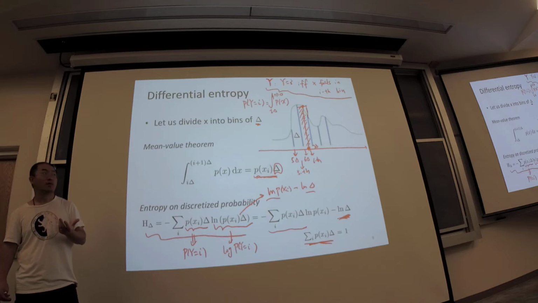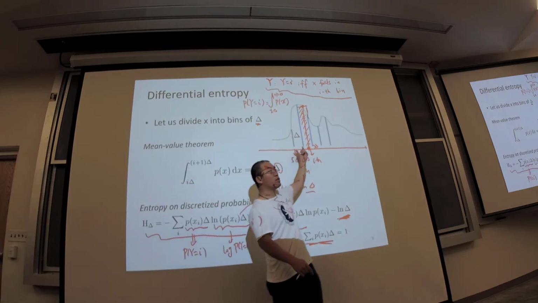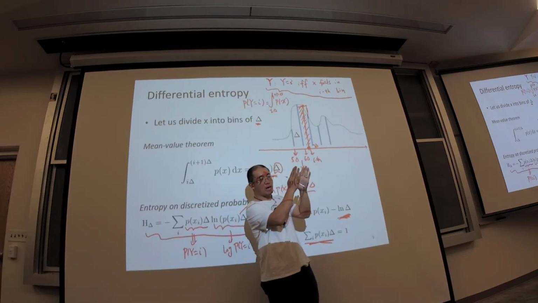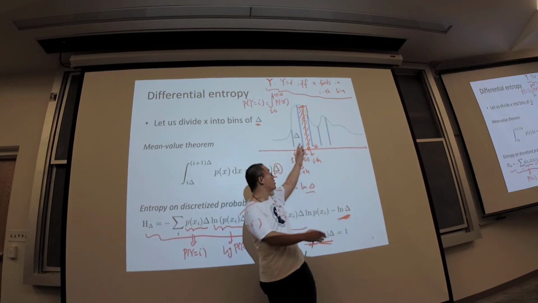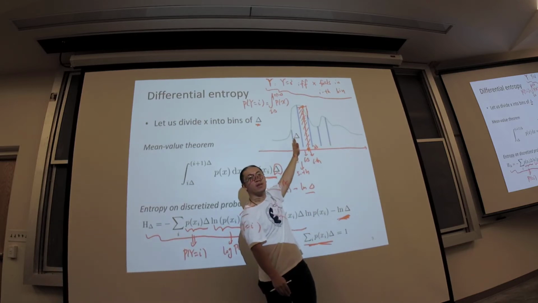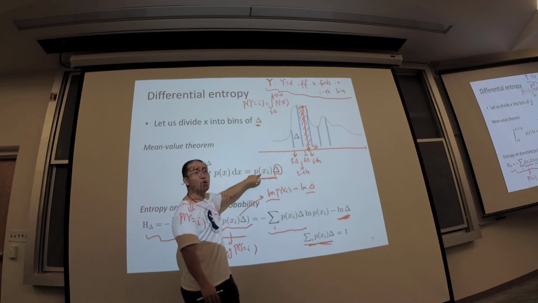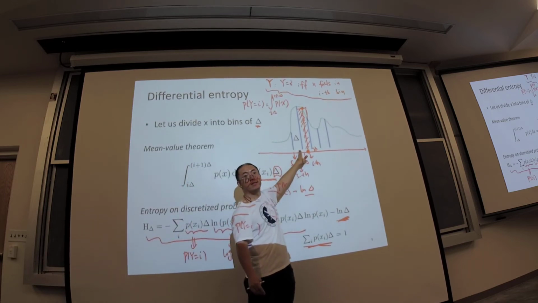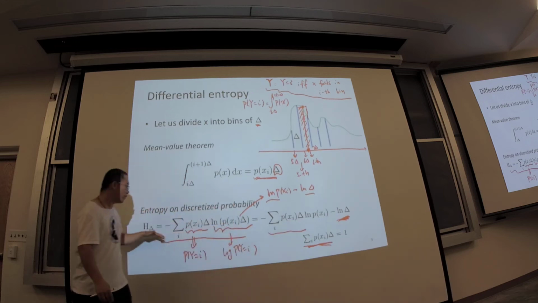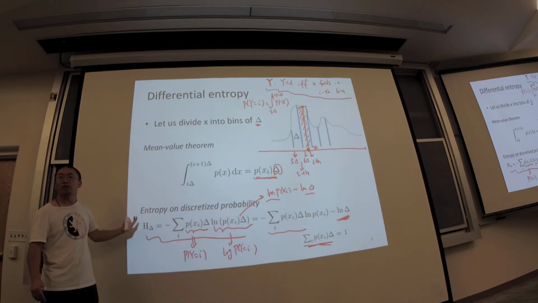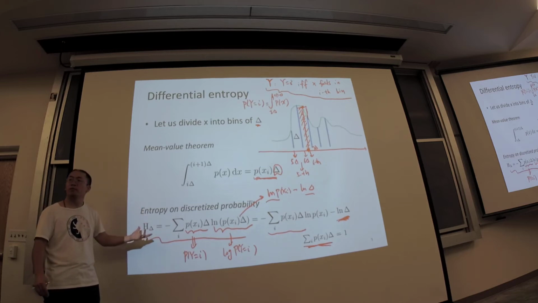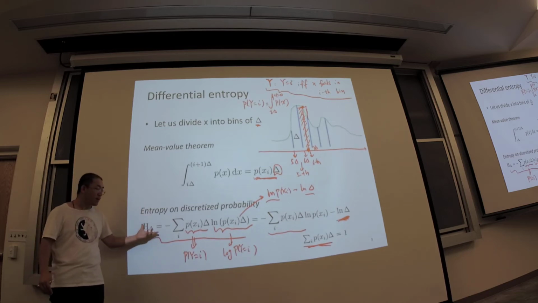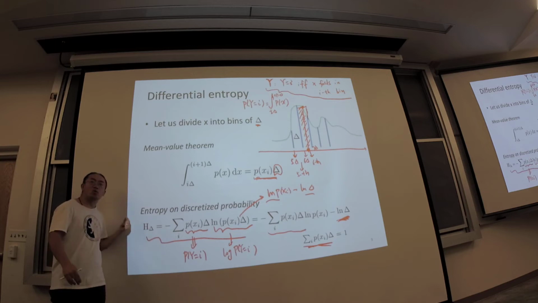If you squeeze your bin until there's only one single line in this bin, then p(x_i) will be exactly at the boundary, and this becomes your entropy of the continuous random variable. But now let us look at whether it's feasible to take this bin size to be approaching 0.